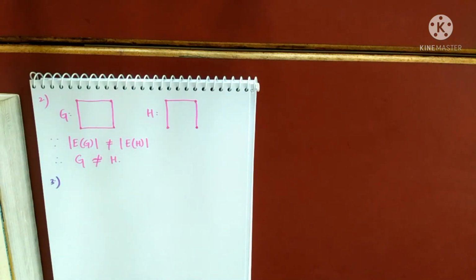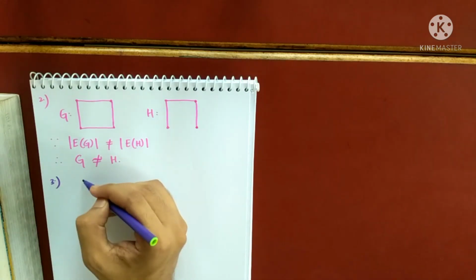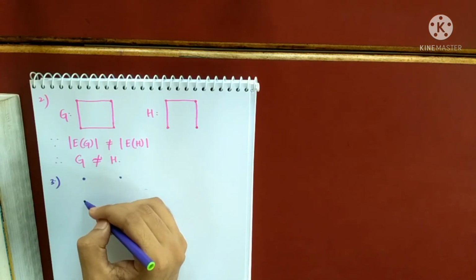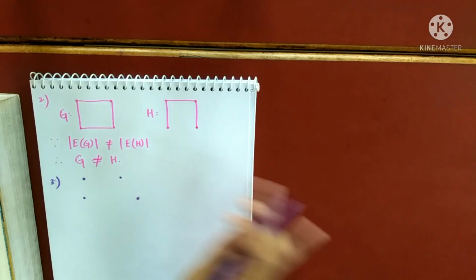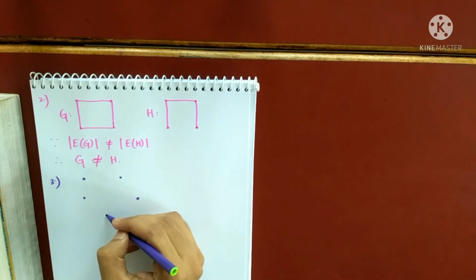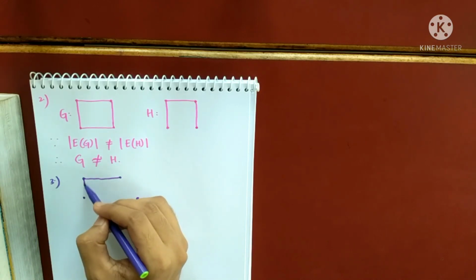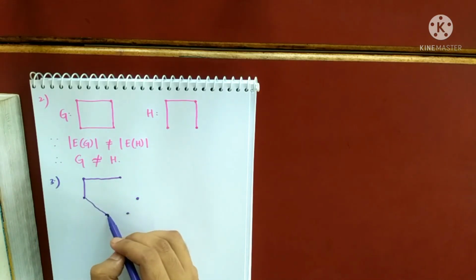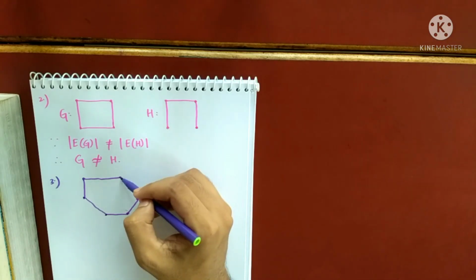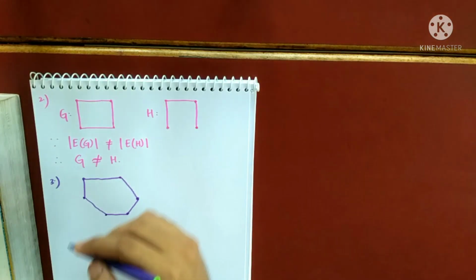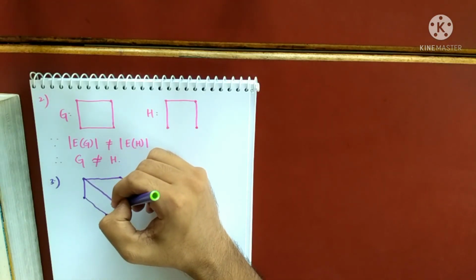Another example that I was thinking of is like this. Let me draw a graph like this. Let's join all of these. 1, 2, 3, 4, 5, 6. And draw one more line like this.